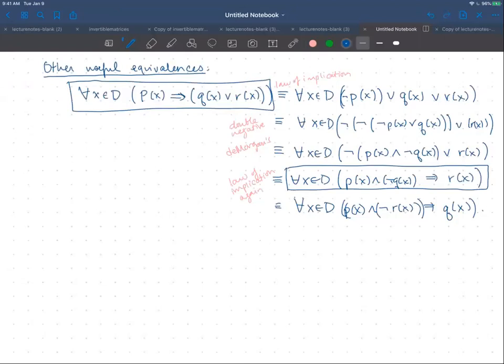And then the very last thing I want to talk about is how do you show a universally quantified implication is false?